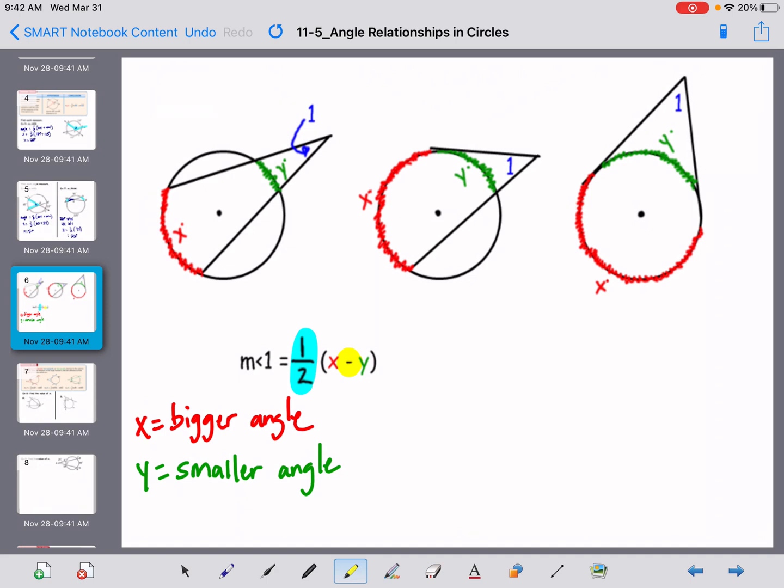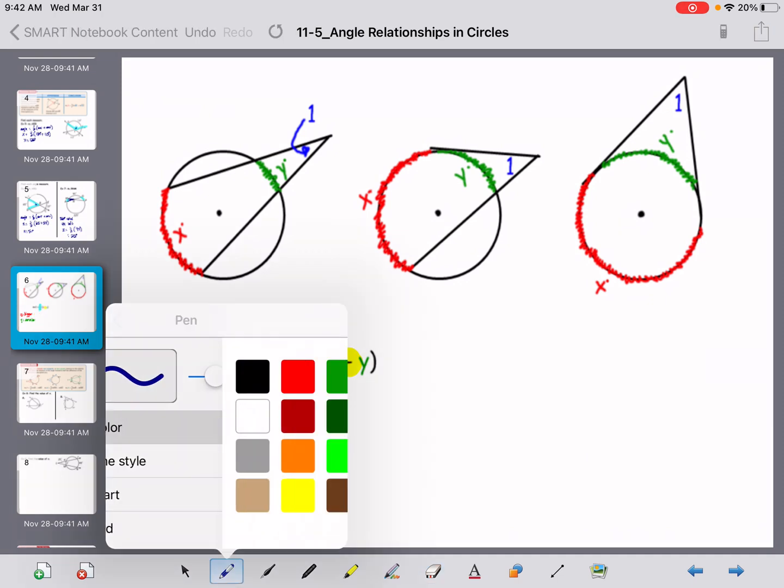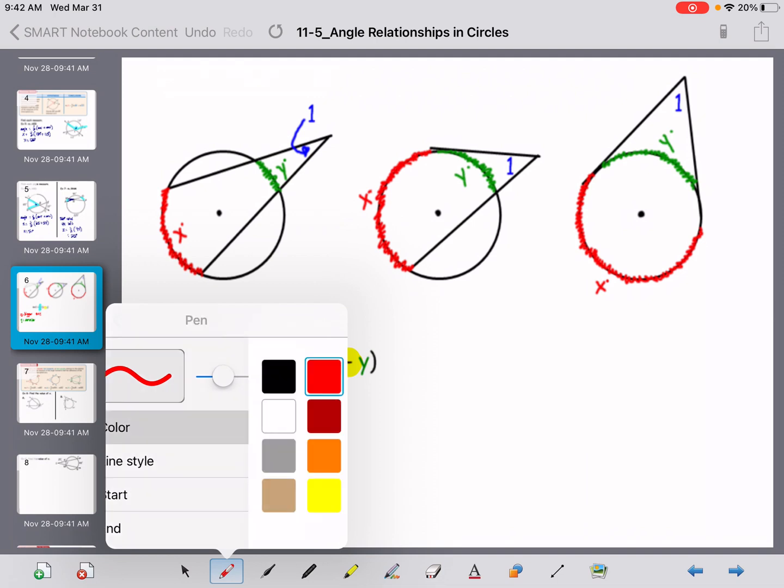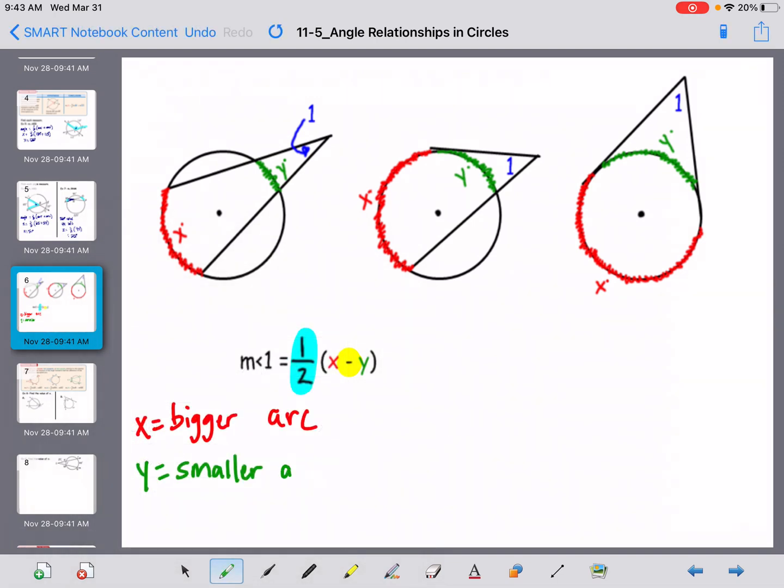And if you look, this should say arcs instead of angles. I don't know what was going on with that. All right, so if you look, this X one that I have labeled X is always the bigger.